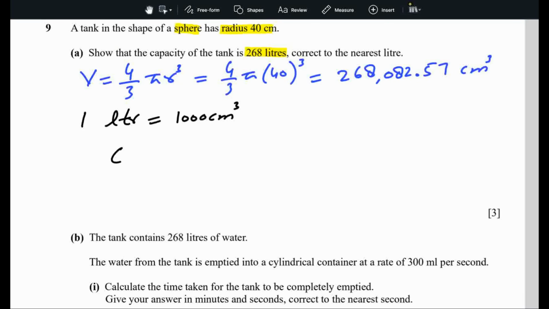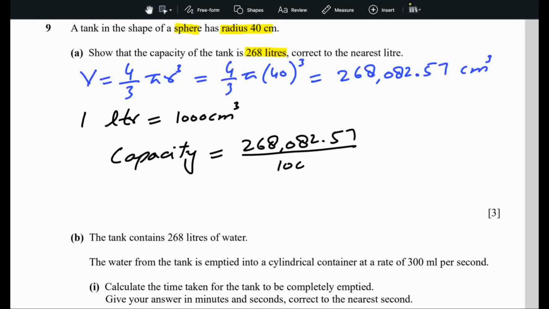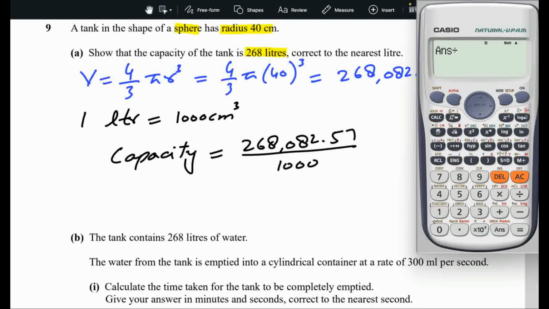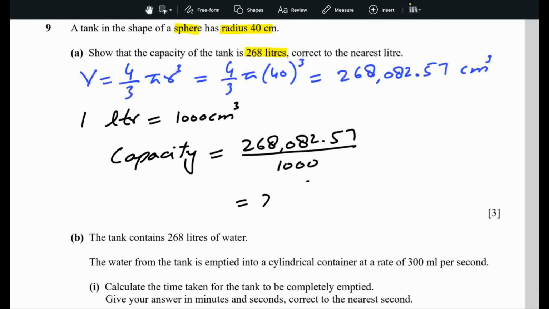So capacity will be equals to 268,082.57 divided by 1000. So if we divide it by 1000, this will be equals to 268. So the answer will be 268 liters.